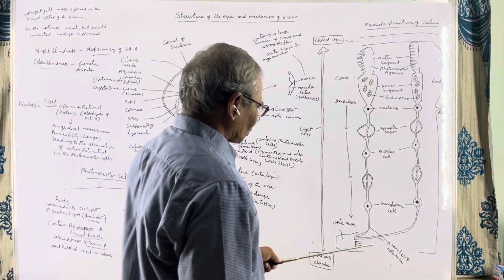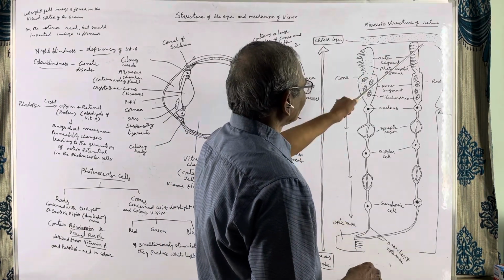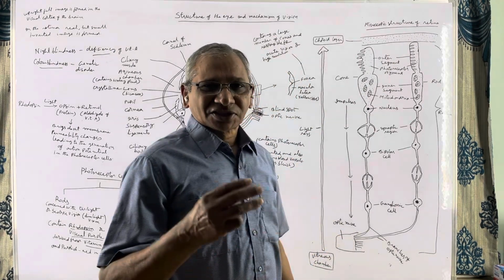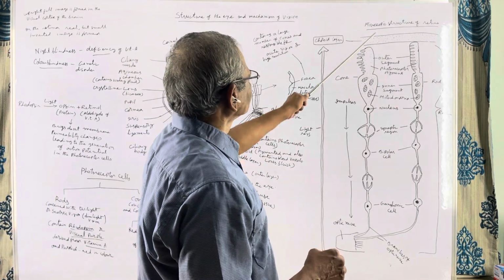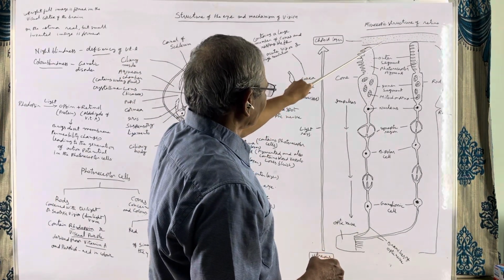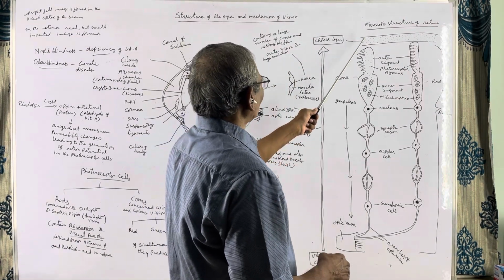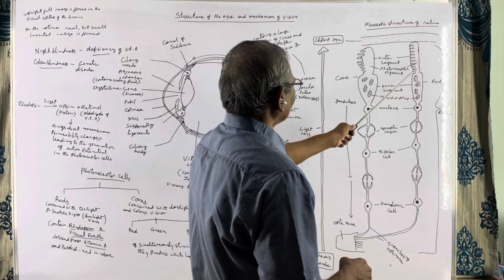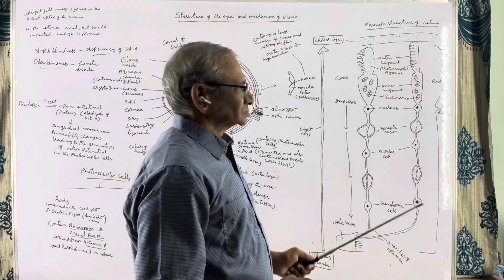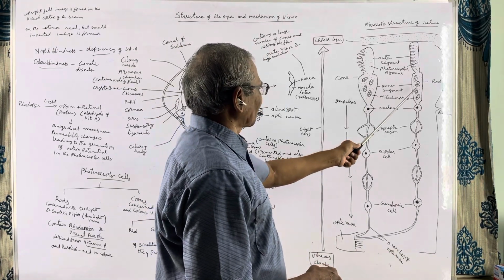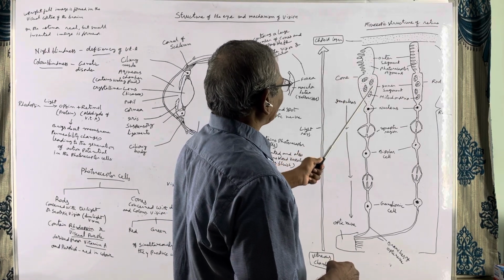Then, coming to the retinal wall. This is the retinal wall. In the retinal wall, we come across three types of cells, arranged from the choroid layer towards the vitreous chamber. Immediately below the choroid layer, the photoreceptor cells are arranged. This is the shape of the cone, this is the shape of the rod. Each cell has two parts or segments.